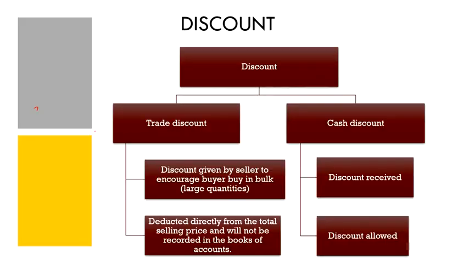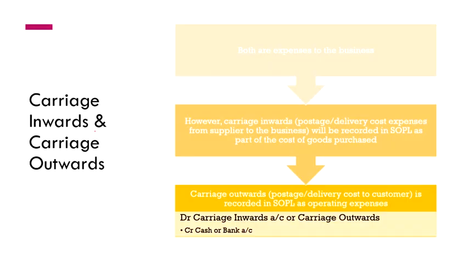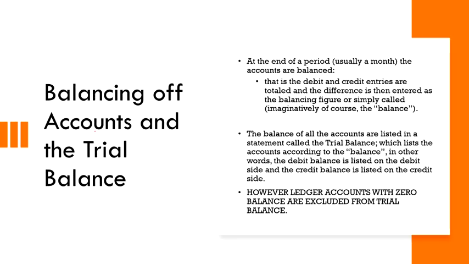Okay, at the end of the month. Okay, usually a month the accounts are balanced. That is, the debit and credit entries are totalled, and the difference is then entered as the balancing figure, or simply called, of course, the balance.